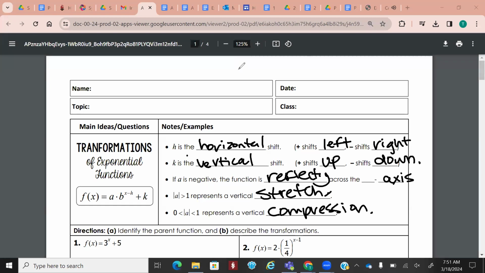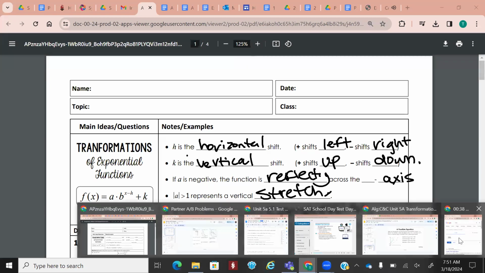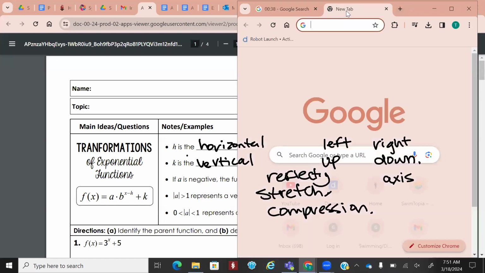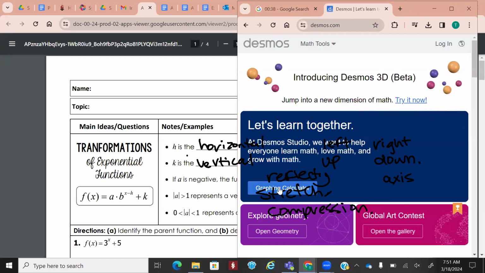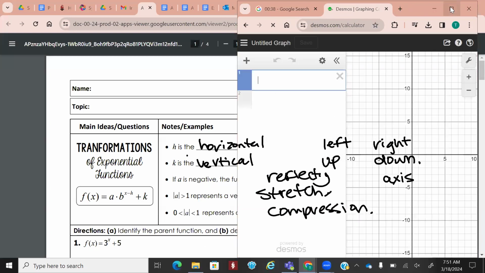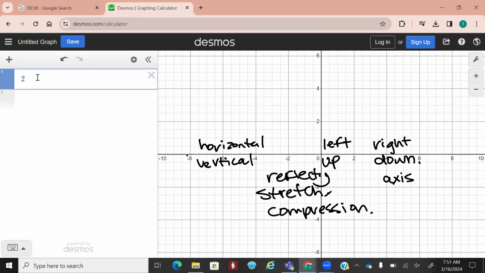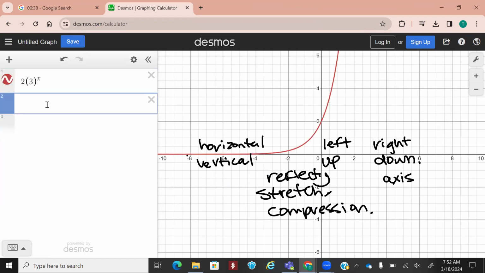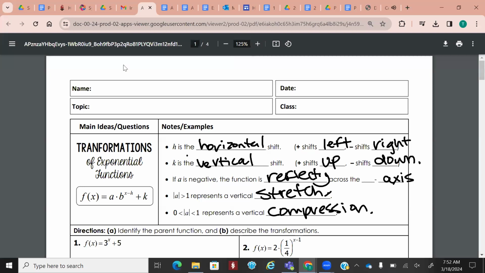And honestly, let me graph this really quick. Looking at this, if I had 2 times 3 raised to the x, and then I made this guy negative, that's reflecting across the x-axis. Okay, so this is reflecting across the x-axis.